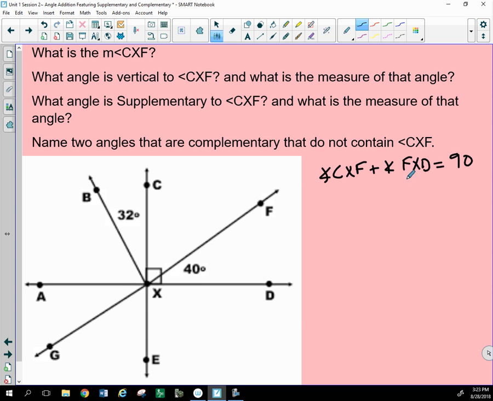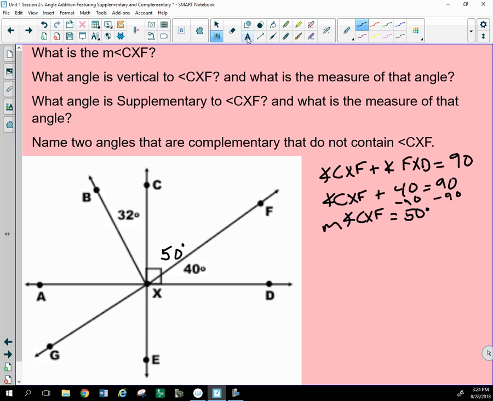This angle FXD is 40, so CXF plus 40 equals 90. Subtracting 40 across the equal sign, the measure of angle CXF must be 50 degrees. So there is 50 degrees there.